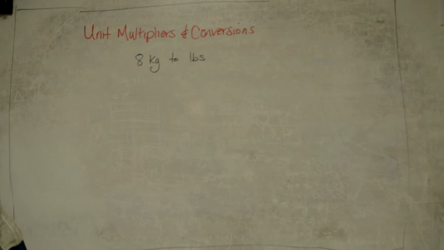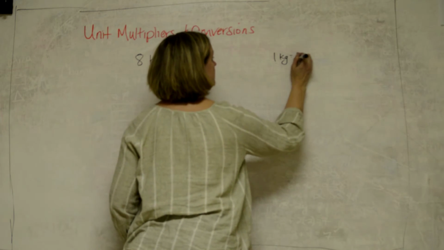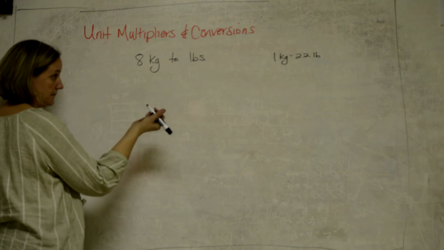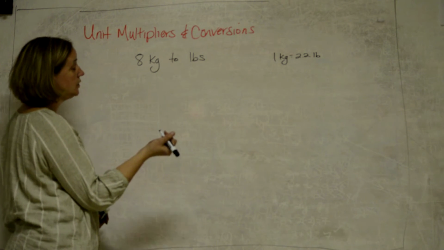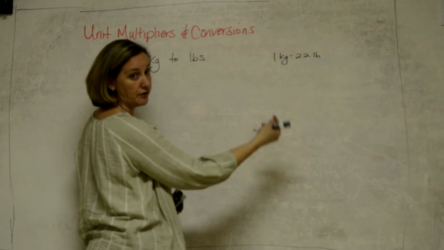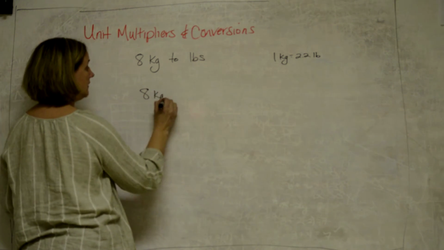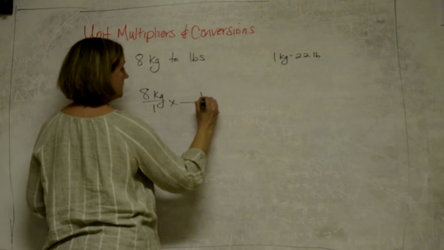So 1 kilogram is actually equal to 2.2 pounds. That means my unit multiplier can either be a kilogram over 2.2 pounds or 2.2 pounds over 1 kilogram. Because I want my kilogram to cancel, I'm going to put kilograms on the bottom.